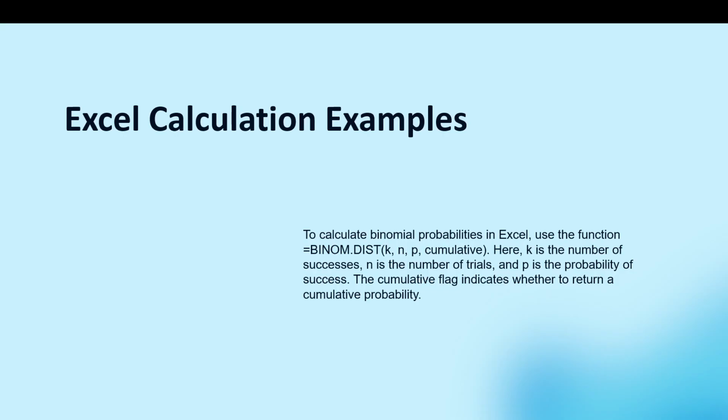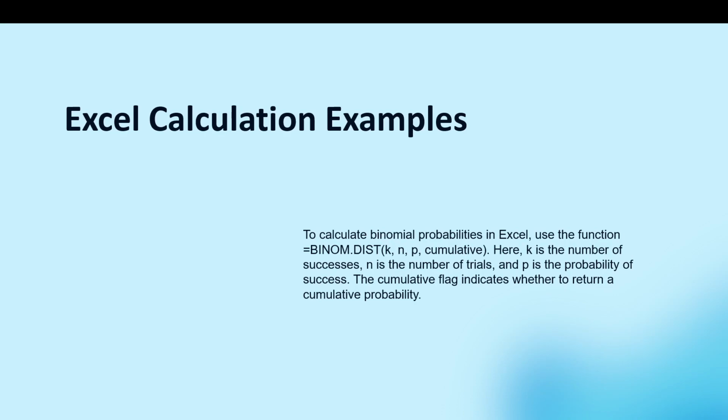How do we calculate binomial distributions using Excel? Okay, let's say we have 20 trials. Success probability is 0.3 and we want the chance of less than or equal to 4 successes.